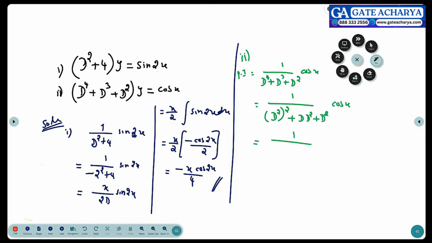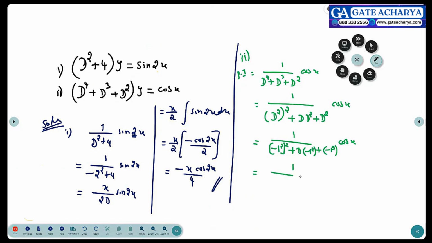So 1 by this D square is minus 1 square, and its square. D square is minus 1 square, the whole square, plus D into the D square, which is minus 1 square, plus this D square is minus 1 square, into cos x.